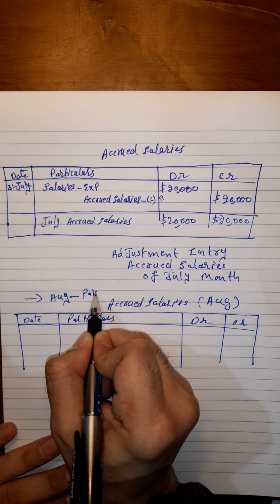For example, I will explain the accrued expense, and also we will do the journal entry for the accrued expense in this lecture, and also I will do the adjustment entry for accrued expense. These are the most important journal entries for accrued expense.